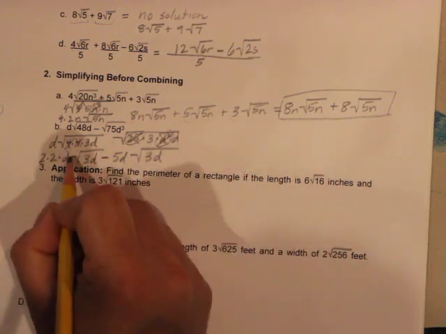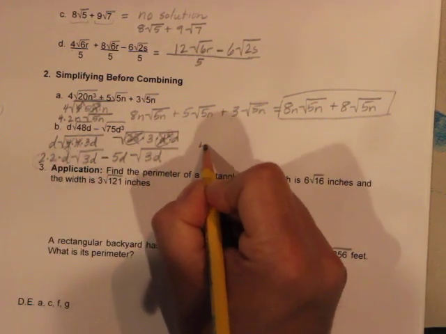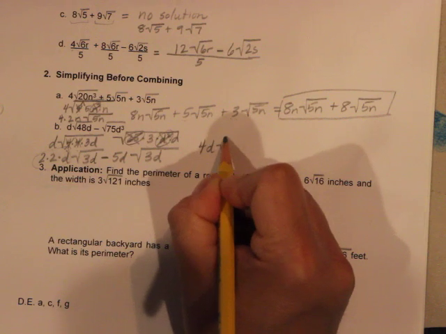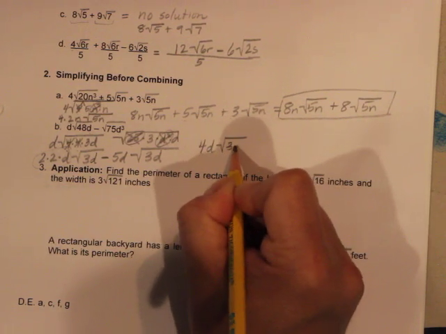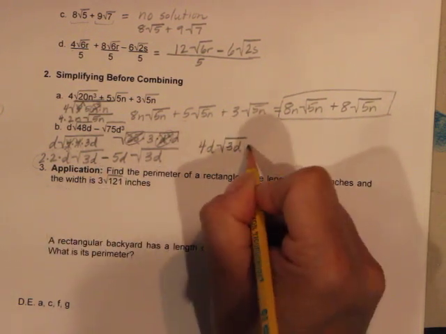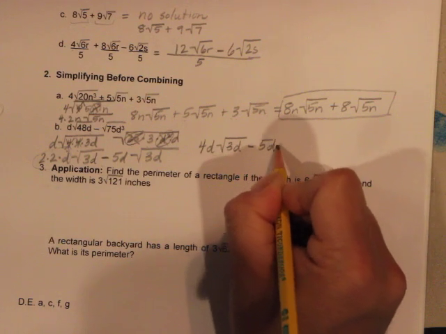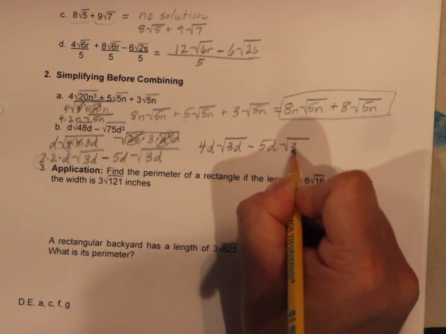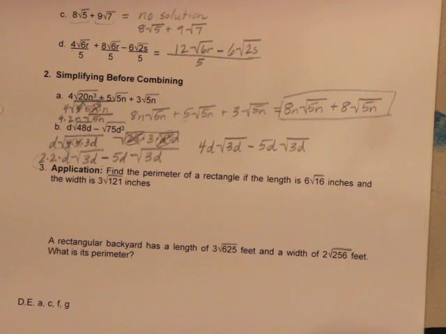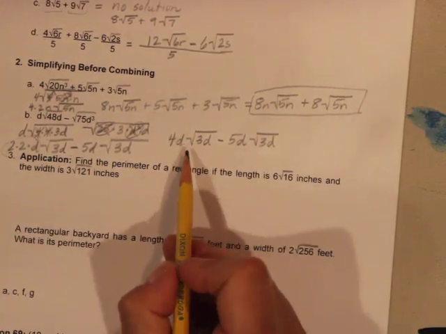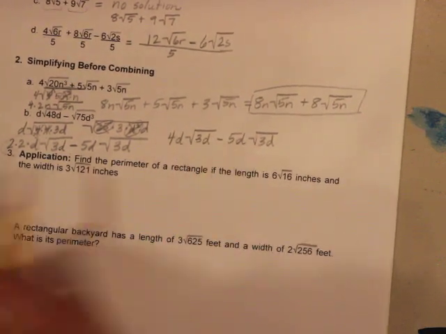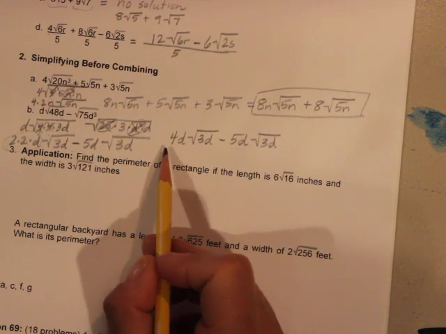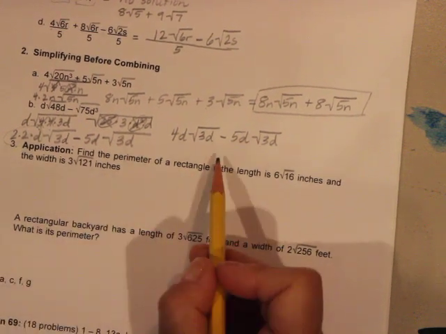So I've got a total now, if I simplify this whole mess, I've got 4d square root of 3d minus 5d square root of 3d. Can I combine them? Remember, whatever's in front of that radical has to be the same. They have to be like terms in order for me to combine them, and sure enough, they are.